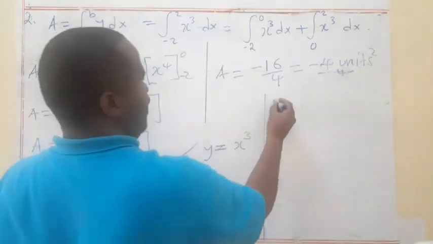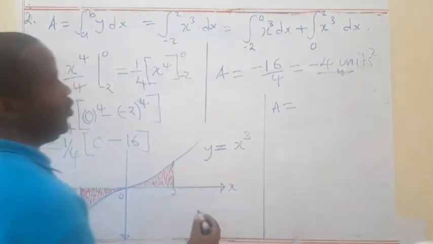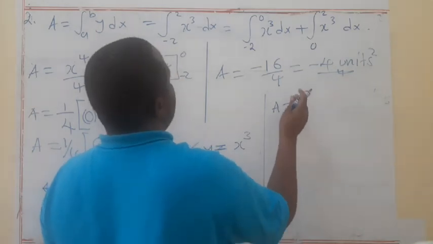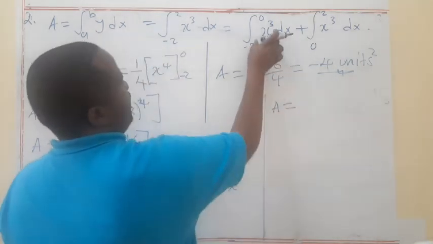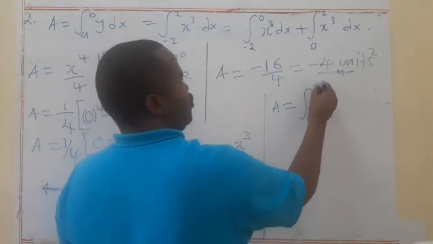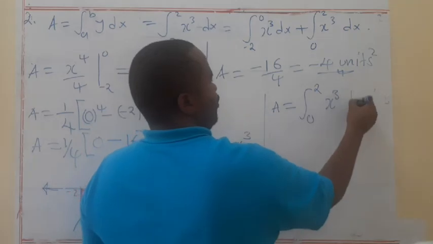So for that one we say area is equal to, we are integrating, because we are dealing with this part, so we are integrating from 0 now to 2, with respect to what? X.